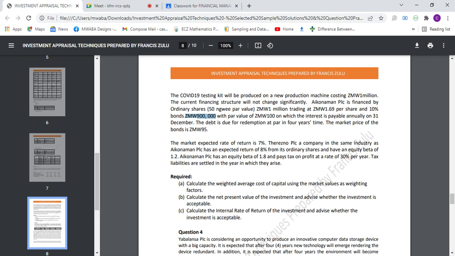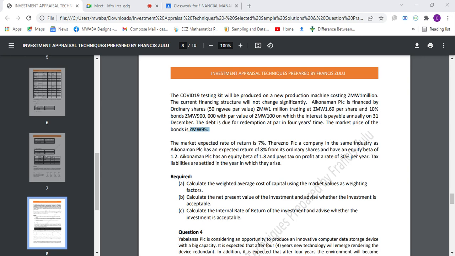So this is the value of the debt with a par value of 100 kwacha. This is the book value, and our market price is 95 kwacha.